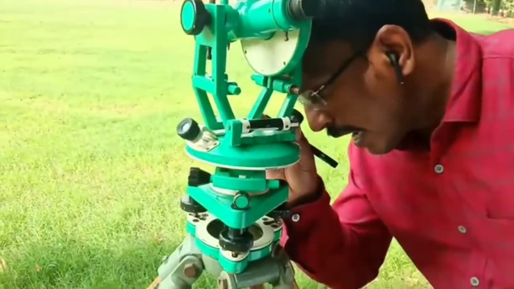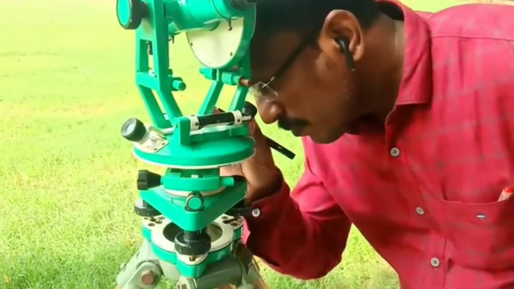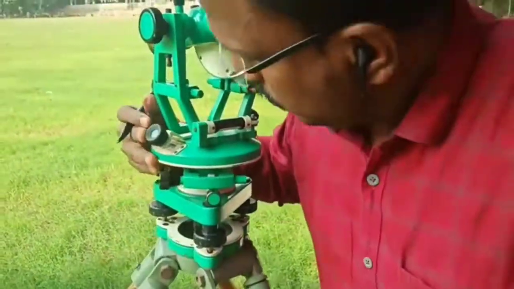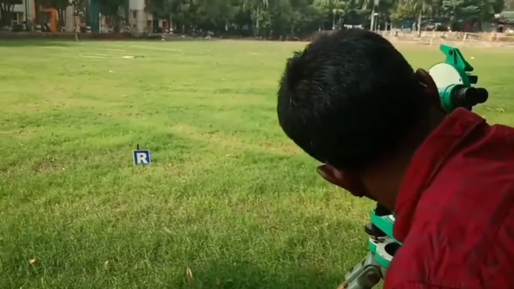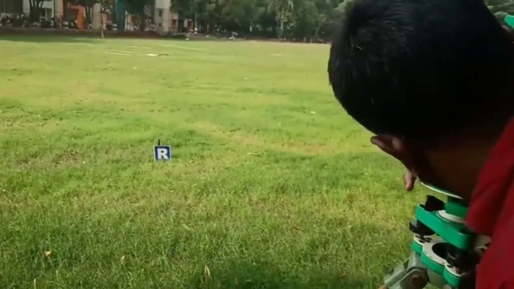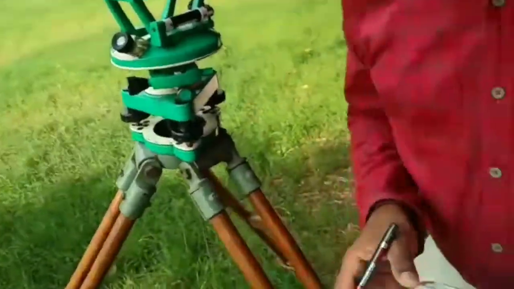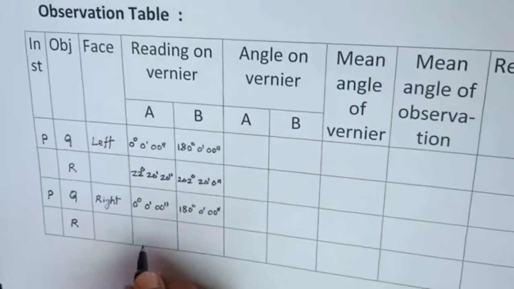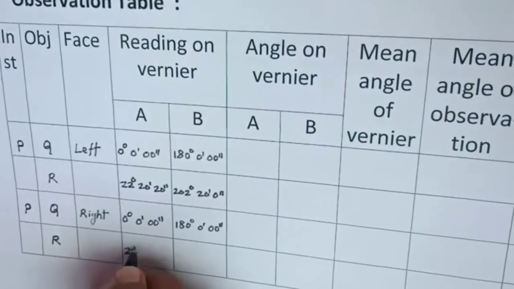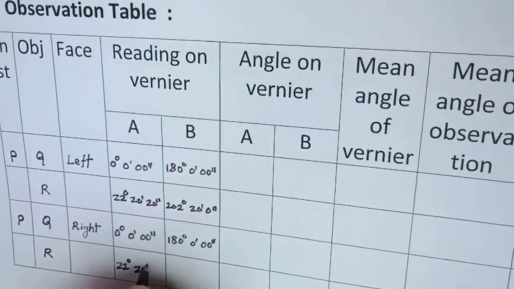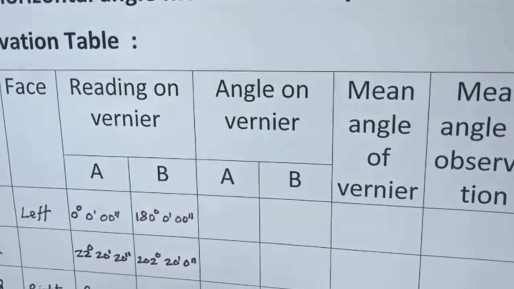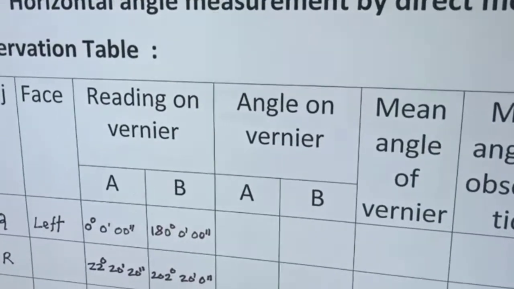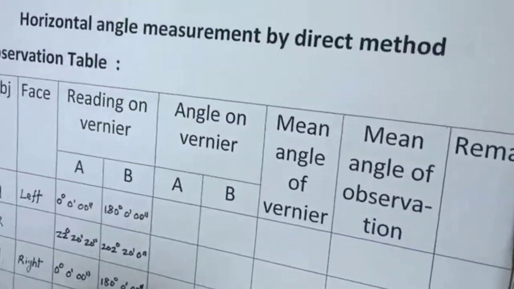So the readings are, at A 22 degree, 20 minute, 0 second, and at B 202 degree, 10 minute, 0 second. Now our direct method practical is complete.